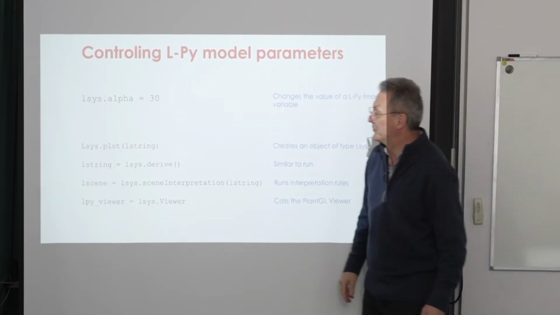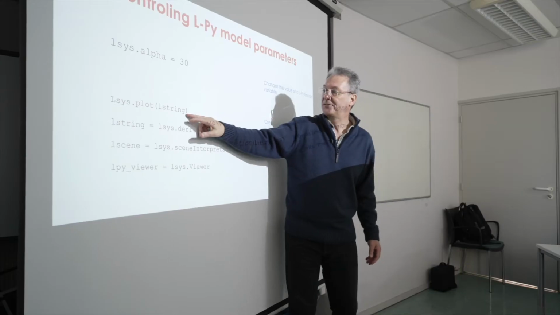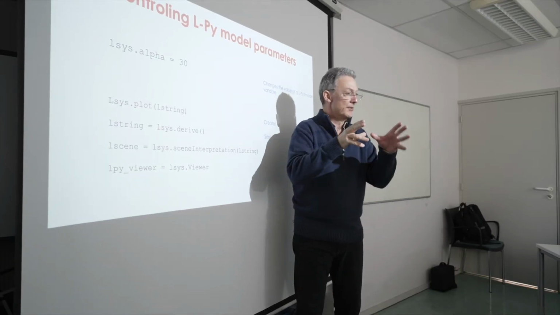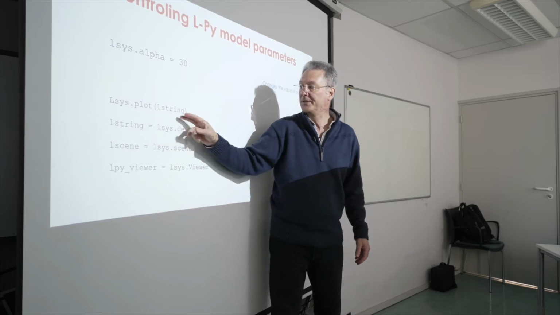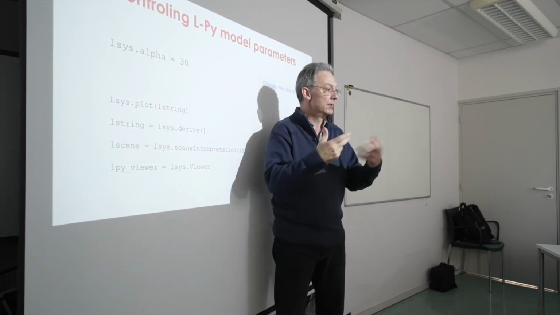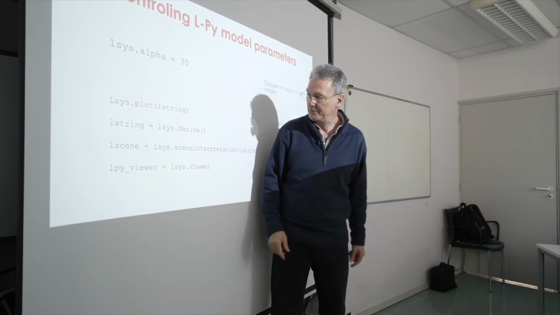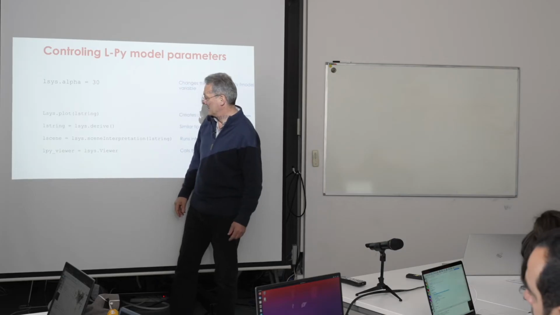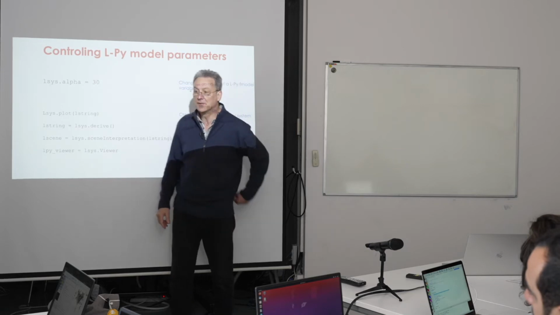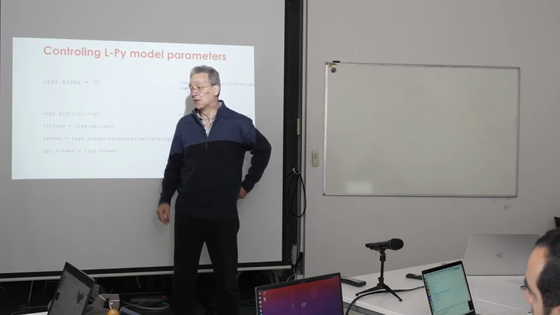Now, if I want to plot my L string, there is a plot command that takes the L string and will show the actual value using the interpretation rules. What is plotting here? Plotting is just displaying.